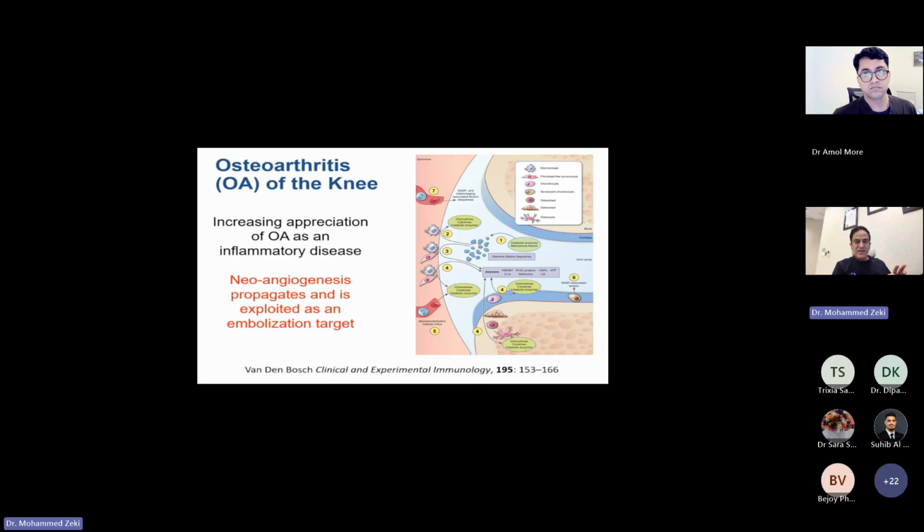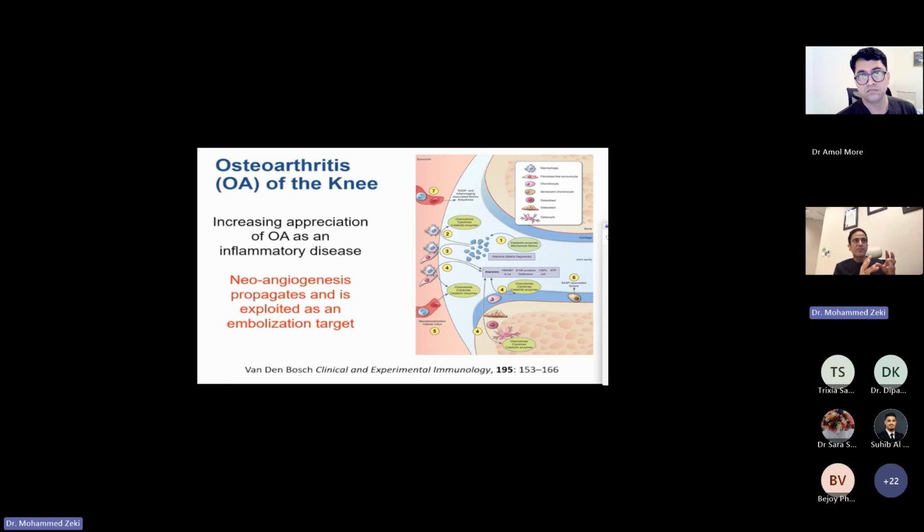And this slide actually explains why the microembolization works. Whereas osteoarthritis was historically considered a disease due to articular cartilage wear and tear, there is now emerging evidence that there is actually an inflammatory cascade, with an influx of immune cells, as you see in this slide.